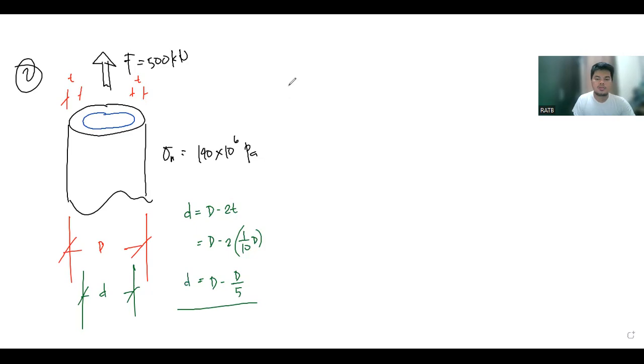This is the inside diameter. So the normal stress is the force, 500 times 10 to the power of 3 Newton, divided by the area. Since this is hollow, take note, we only consider the area shaded in red.